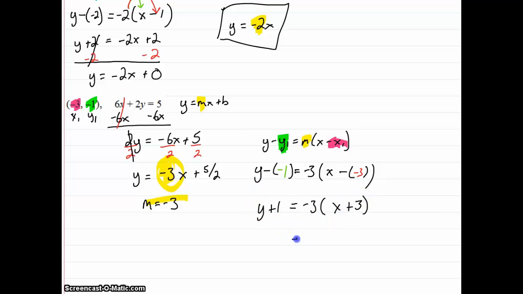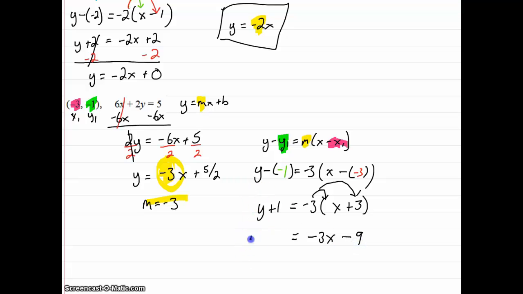So now we have that number on the outside of the parentheses, so let's go ahead and distribute that. Let's redraw that arrow a little bit better. Let's distribute that to the 3. So negative 3 times x gives us negative 3x. Negative 3 times 3 gives us minus 9.